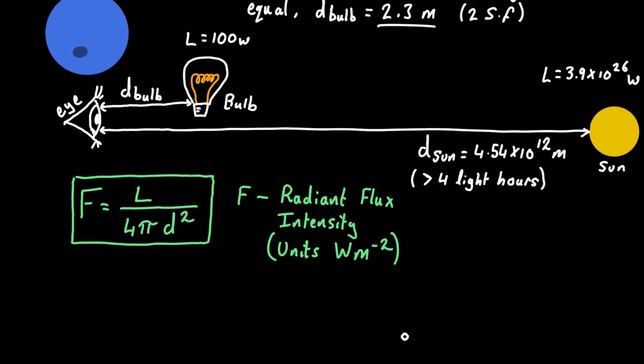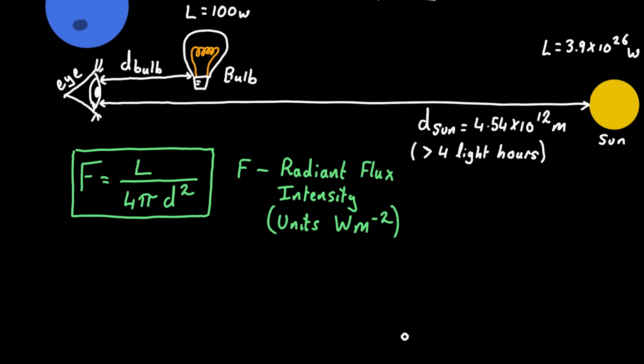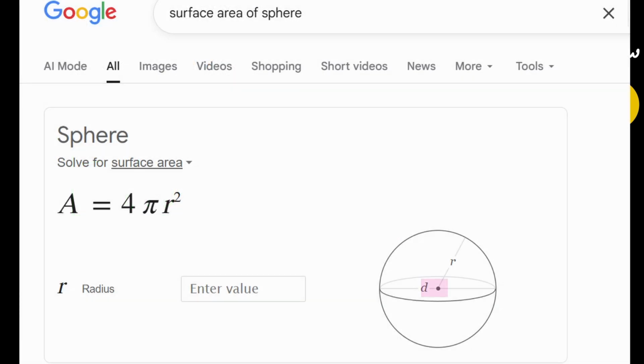If you imagine at the center of this sphere is the object that we're interested in, the object that is emitting light, and we've traveled a distance of the radius of the sphere. We're interested in how much light is reaching us at the surface of this hypothetical sphere.